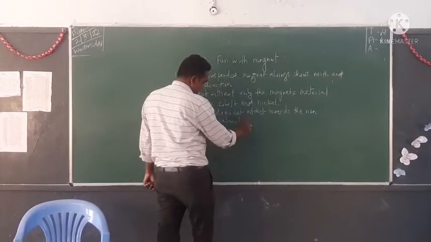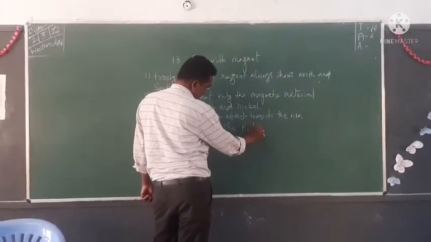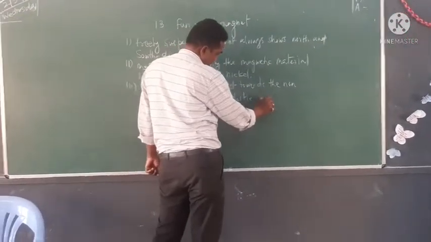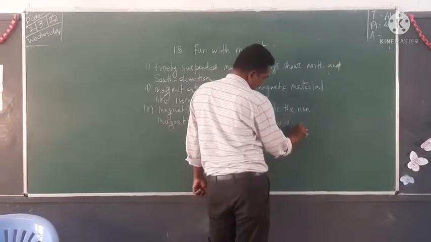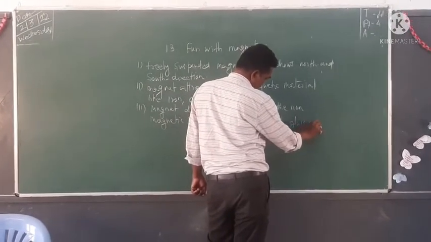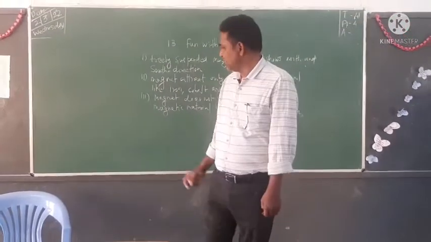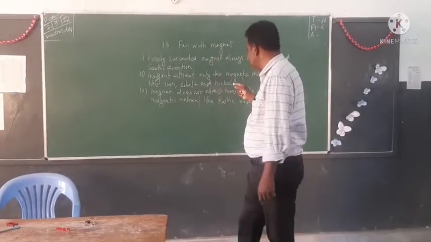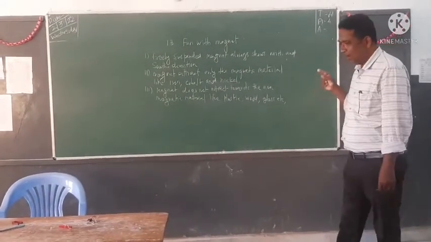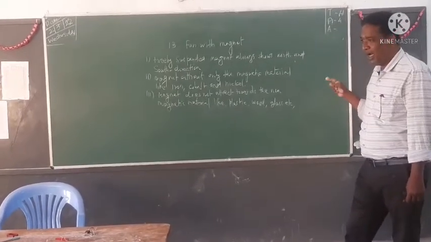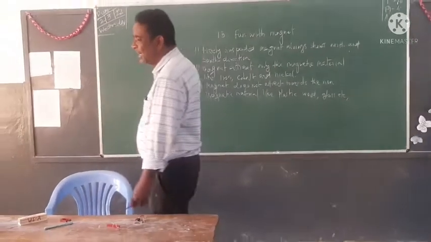Non-magnetic material like plastic, wood, and glass. So the third property is that magnet does not attract towards the non-magnetic material like plastic, wood, and glass. Do you know what are the different types of magnets are there?